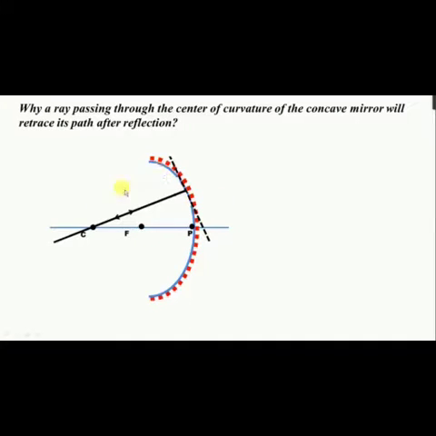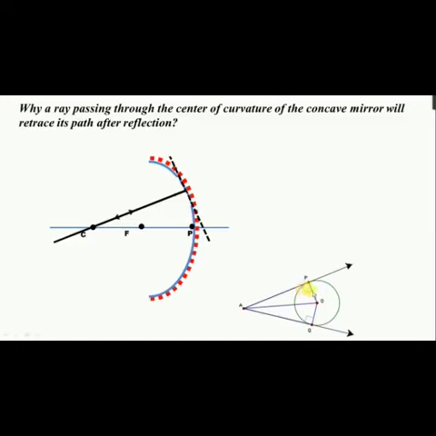Now we'll discuss why the ray passing through the center of curvature retraces its path. If you draw a tangent out here, we can see this as a circle and this is a tangent, and we know a radius makes 90 degrees with the tangent. So this picture is similar to this picture, because from here to here is the radius and this is the tangent.